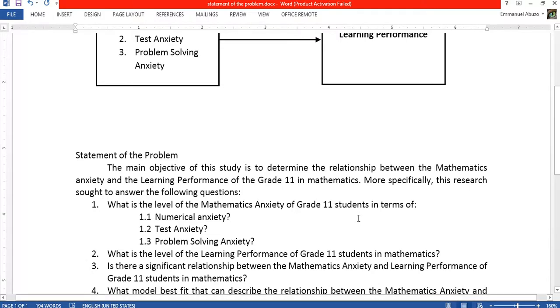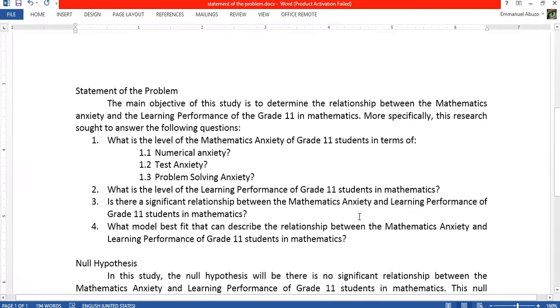Third question, is there a significant relationship between the mathematics anxiety and the learning performance of the grade 11 students in mathematics? And the fourth question, what model best fits and can describe the relationship between the mathematics anxiety and the learning performance of grade 11 students in mathematics?